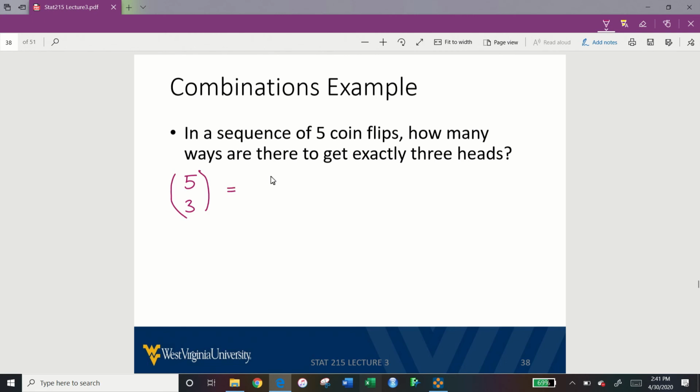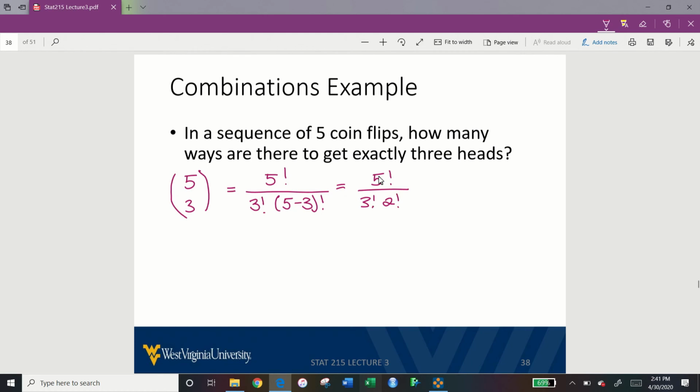Using our formula, that's going to be 5 factorial over 3 factorial multiplied by the quantity of 5 minus 3 factorial. So to simplify this, that's going to be 5 factorial over 3 factorial multiplied by 2 factorial.